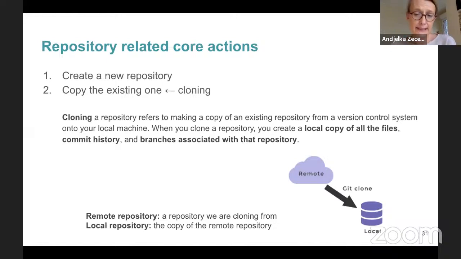And here it is important to notice the separation between something being local and something being remote. When we work with GitHub, we work with remote repositories accessible by URL or web addresses, and when we do the cloning, we make a copy to our local machine, and when we work, we work with our local copies and do not affect the remote content.